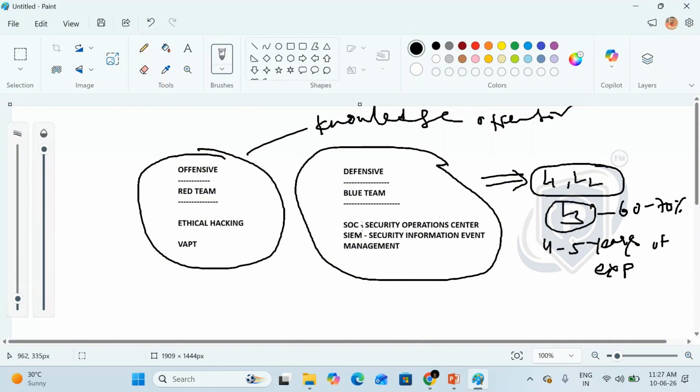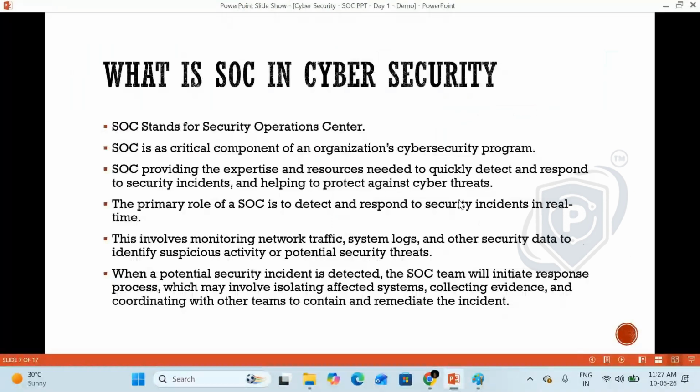Now come to what is a SOC analyst. What is the actual duty of SOC? What is the actual meaning of SOC? SOC stands for Security Operations Center. SOC is a critical component of an organization's cybersecurity program. SOC provides the expertise and resources needed to quickly detect and respond to internal and external attacks.